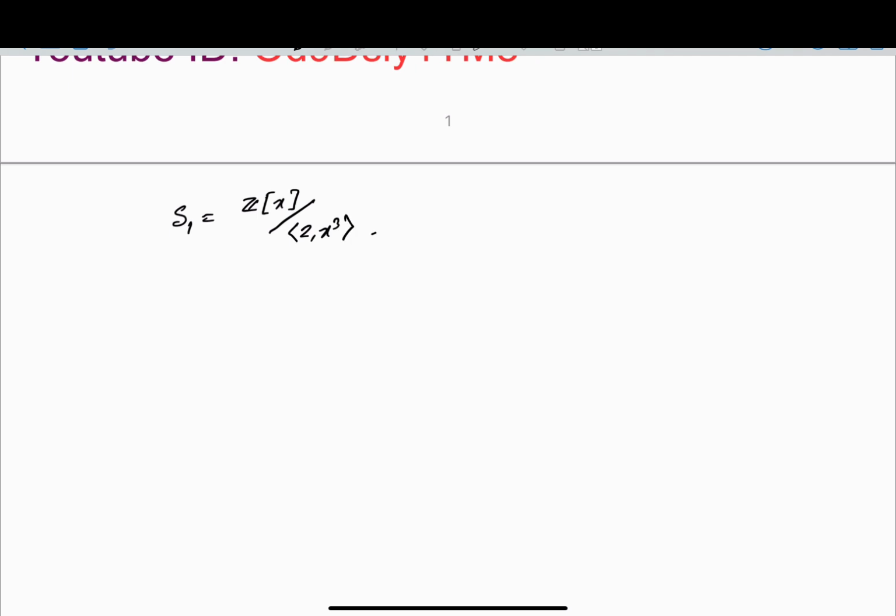So we have to show that the first option is correct, meaning every prime ideal in S1 is a maximal ideal.